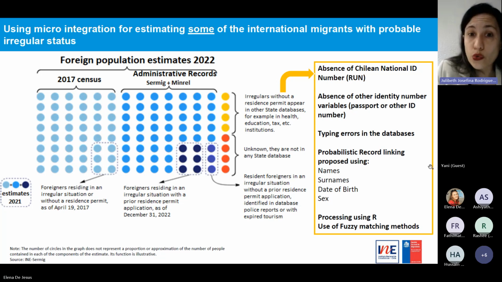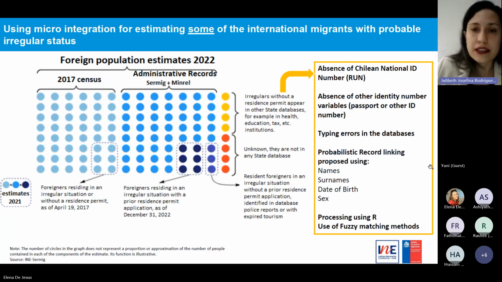First, we incorporate those migrants who enter the country through irregular or clandestine crossings, have some records in police report records that are managed by PDI, and do not have a resident permit request in SERMIG or MINREL. And 2, we are adding those migrants who enter with a tourism purpose, ask for an extension, and the extension expired.